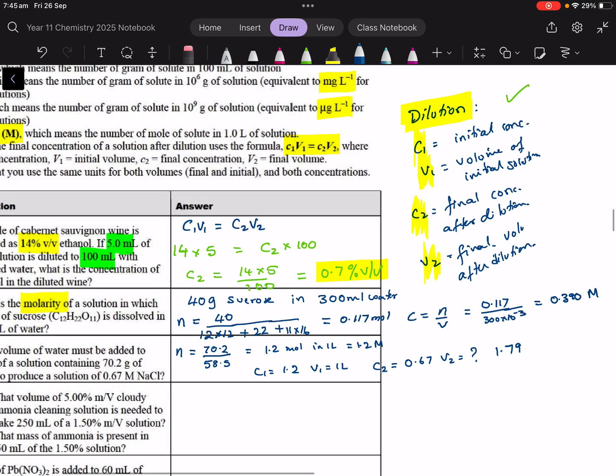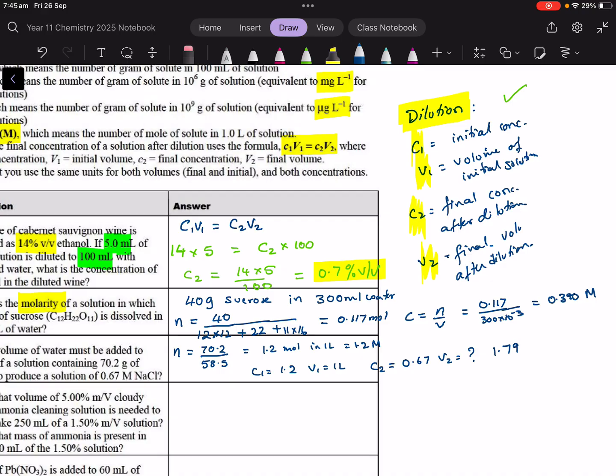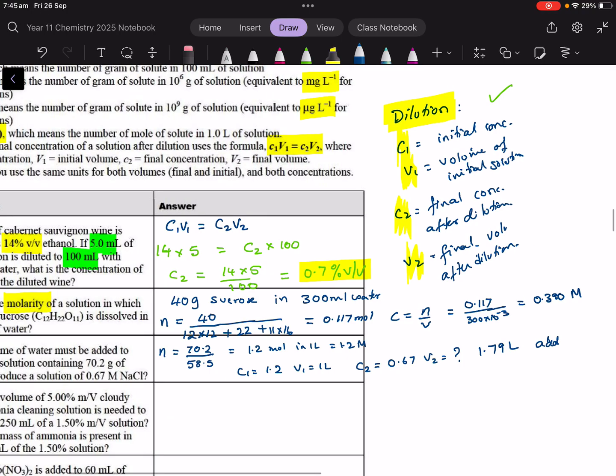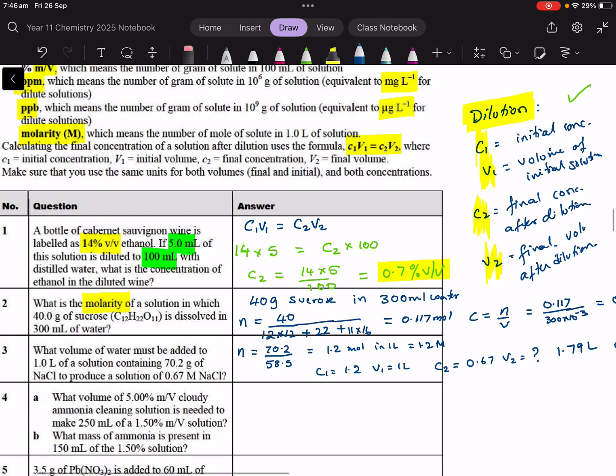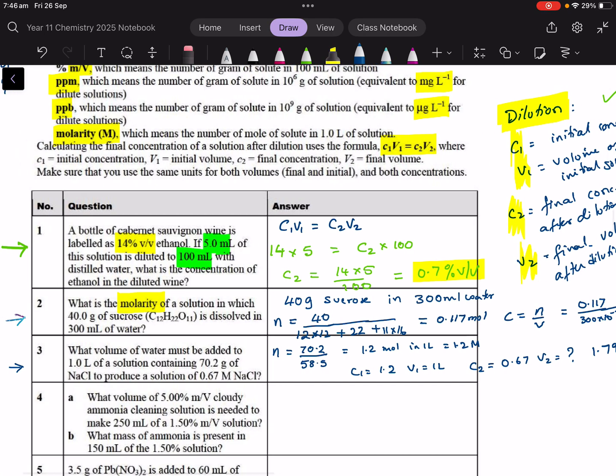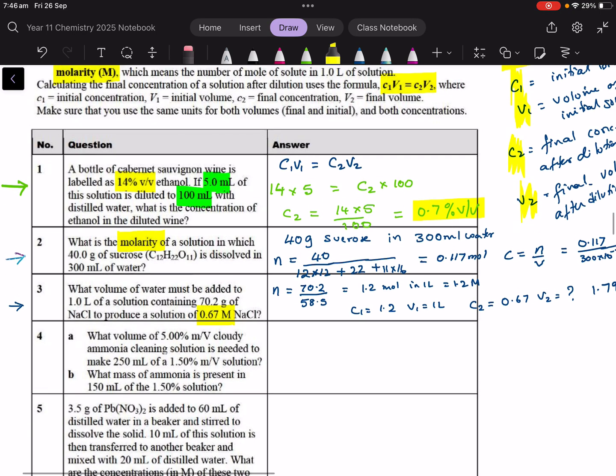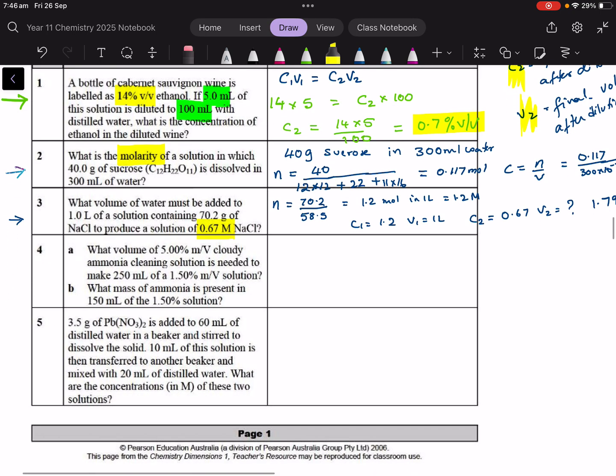So you already have 1 liter in there, so you're going to add 0.79 liter, which is 790 milliliters. You would be adding to it to bring it to this molarity. All right.